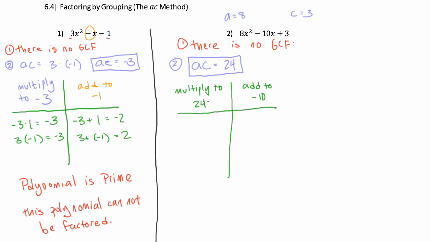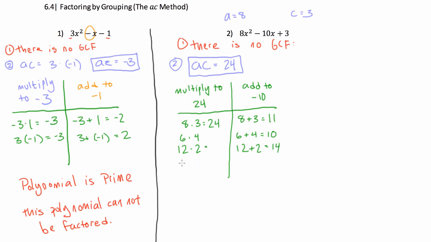Okay, so I don't know, a bunch of things that multiply to 24. 8 times 3 is 24. 8 plus 3 is 11. So that didn't work. 6 times 4 is 24. 6 plus 4 is 10. 12 times 2 is 24. 12 plus 2 is 14.